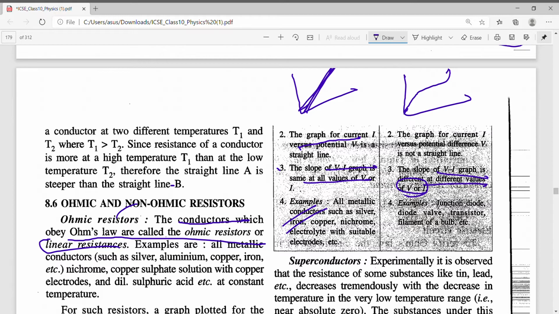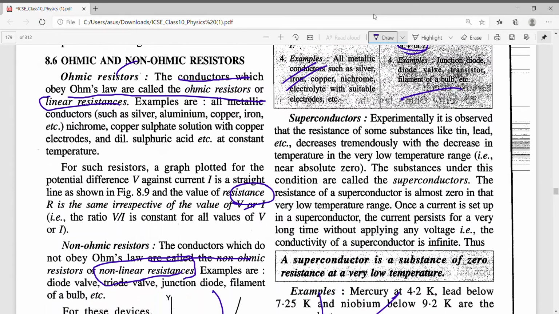And examples of non-ohmic: junction diodes, the diode valve, the triode valve, the transistors, the filament of a bulb. These all are non-ohmic resistors, or non-linear resistances, right?